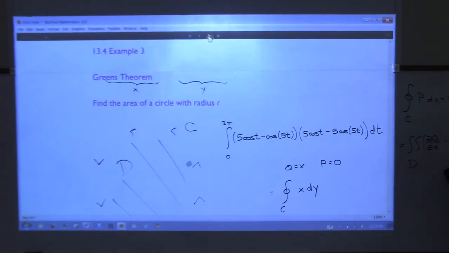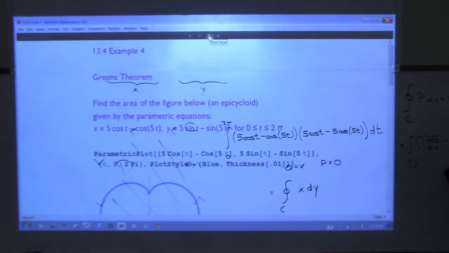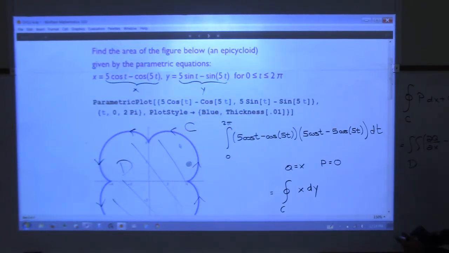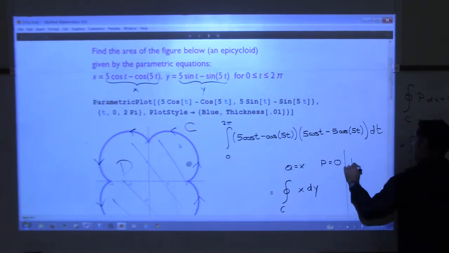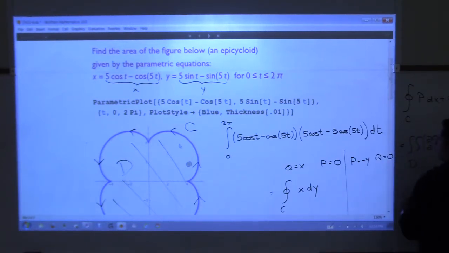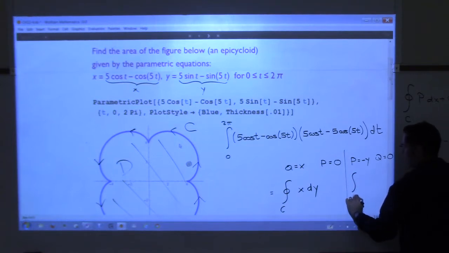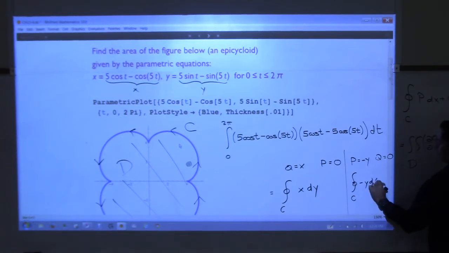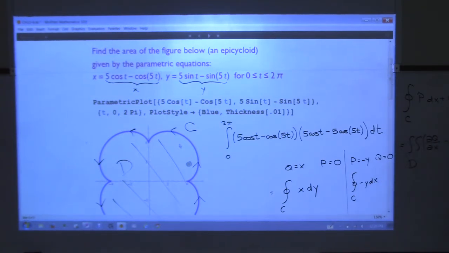Wouldn't you just get the same thing? What would happen if p was negative y and q was 0? So this would have been line integral over c of what? Negative y dx. And then this part would be gone, right?